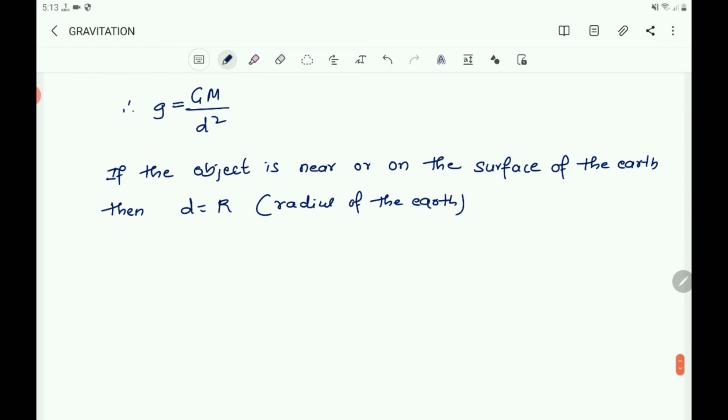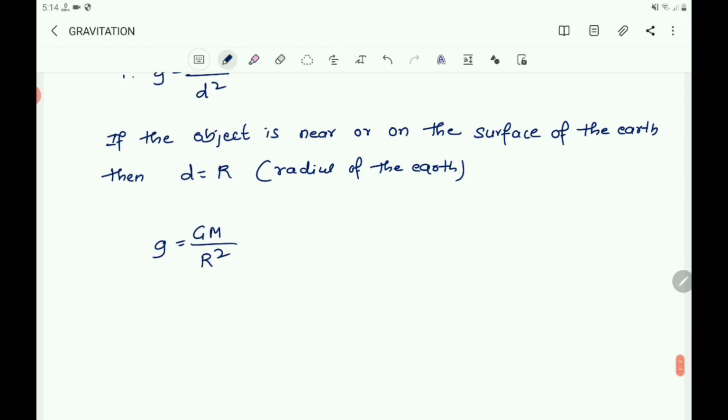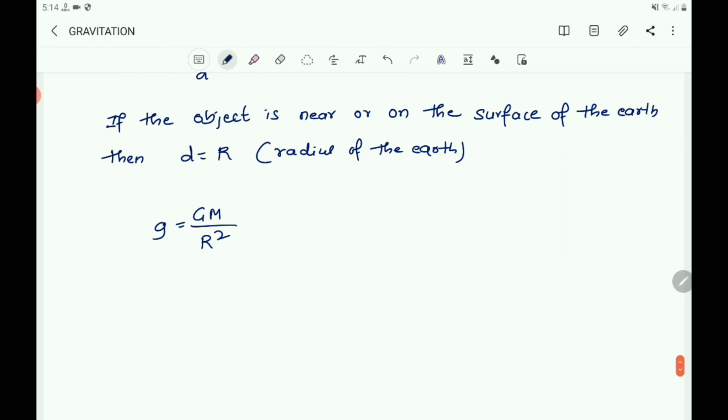Then the formula becomes g equals G M by R square. That is the formula to find the acceleration due to gravity on the surface of the earth.